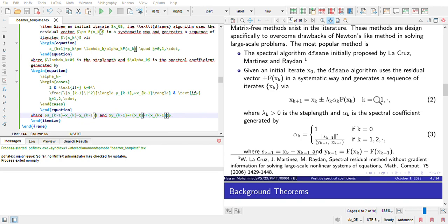We want to modify it, because in the paper of La Cruz, Martínez and Raydan, they put some safeguard that will make this alpha k bounded above and below. But in our own case, we want to design this alpha k in such a way that it is already bounded and well defined, so that we can use it, and it is also positive.